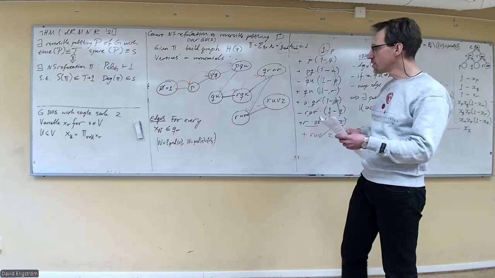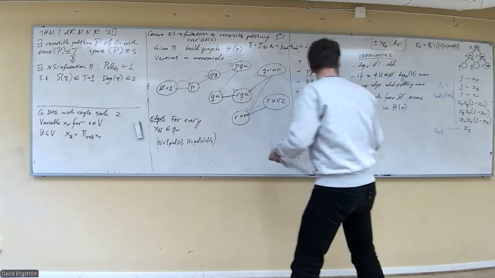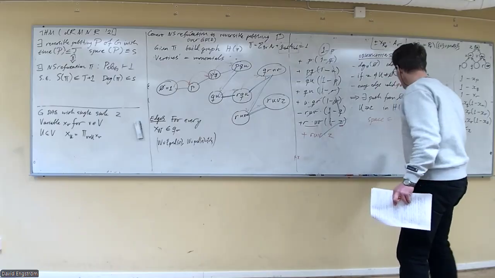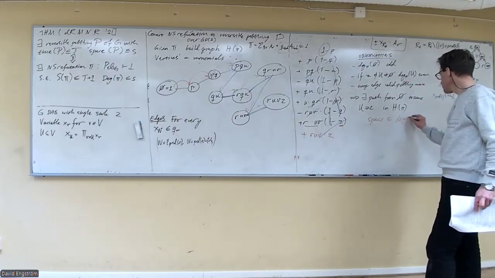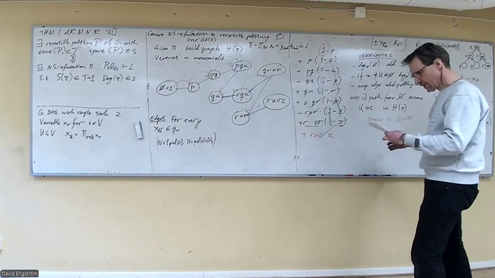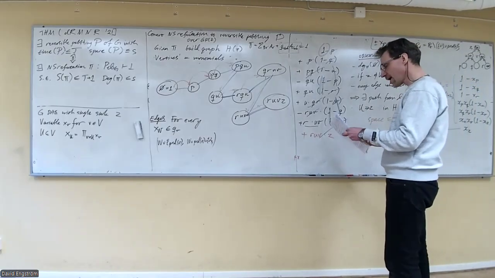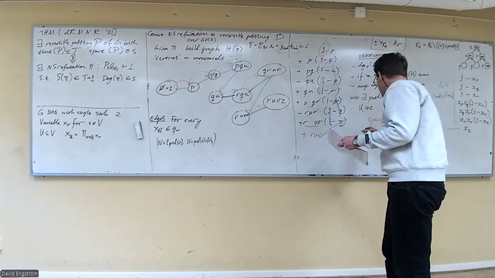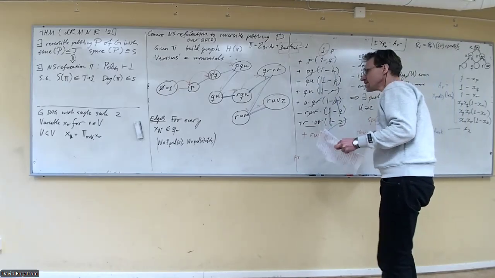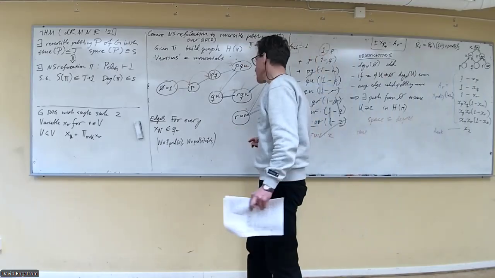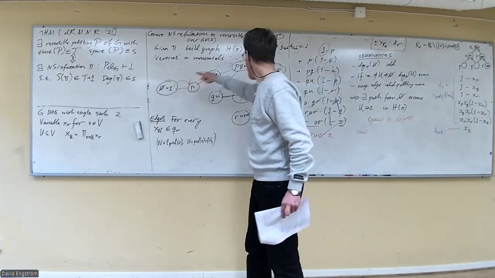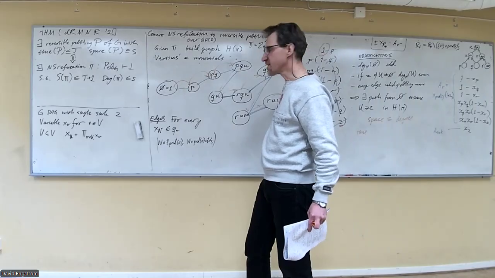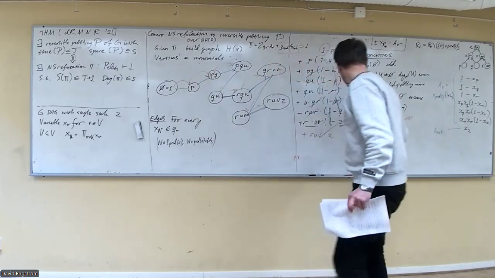What is the time? Well, let's see what we have. Space is blindingly, obviously upper bounded by degree. The pebbling time is, note that we're counting the time to get to Z, which is half of the time.